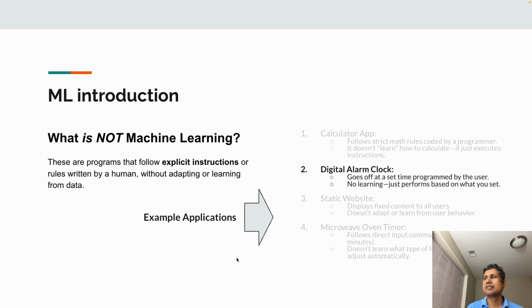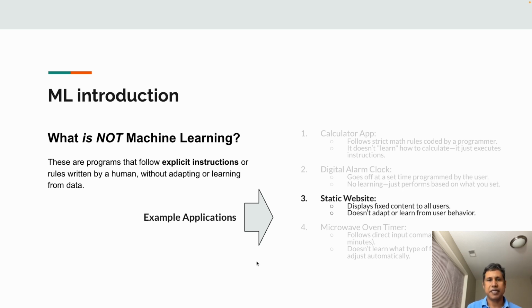Another example is your digital alarm clock, okay? You need to get out early in the morning at 6 a.m. You just set up the clock. Then we have static websites, your microwave timers. These are examples of not machine learning tasks because they follow certain rules or regulations.